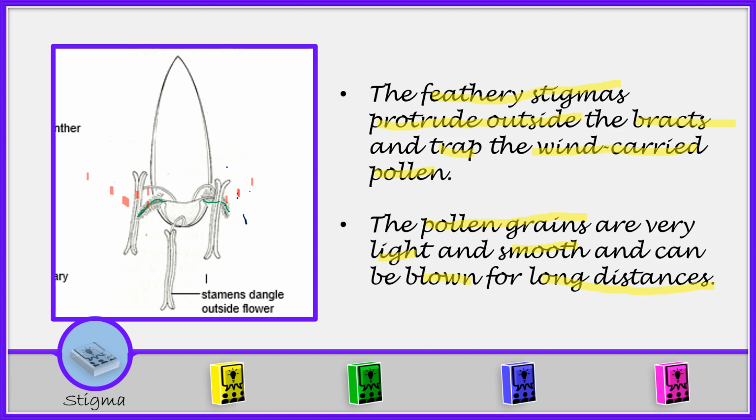So the pollen which has been produced by the anther, also hanging out, is very light and smooth, meaning that it will be carried easily by wind until it reaches another flower where it is going to be used for pollination.